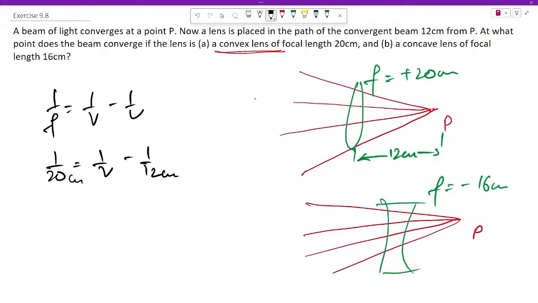So solving this, we will get a value of 1 by v as 2 by 15, or v as 7.5 centimeter. So it is at 7.5 centimeter away from this convex lens.